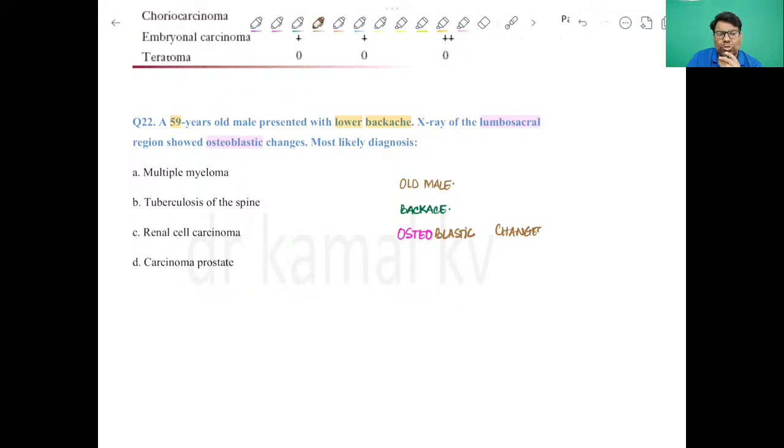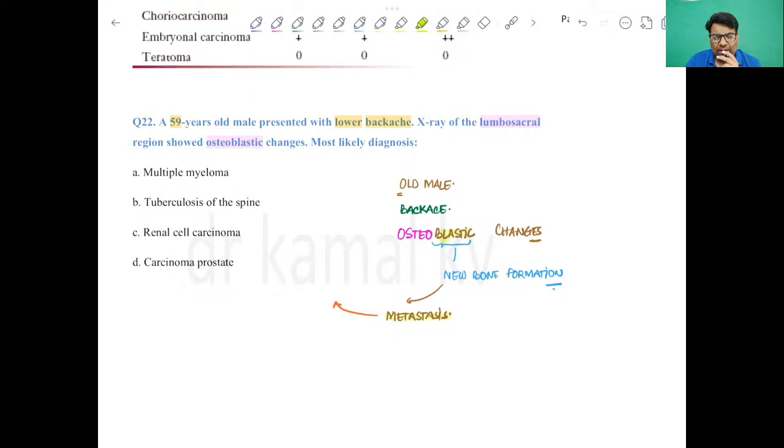Now what do you mean by this word osteoblastic changes? Osteoblastic means new bone formation. Clear? So there is new bone formation, and especially in an old male, this can be because of metastasis to the spine.